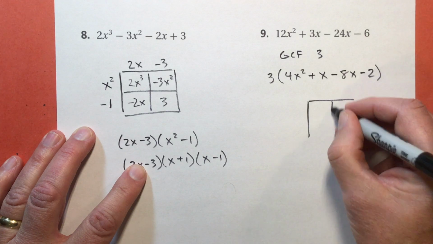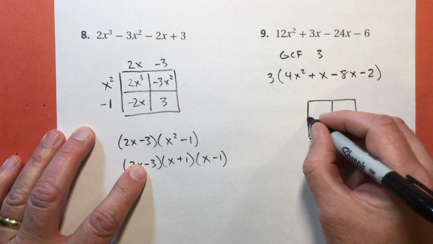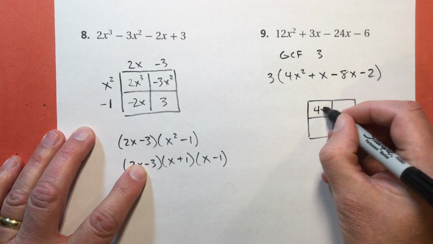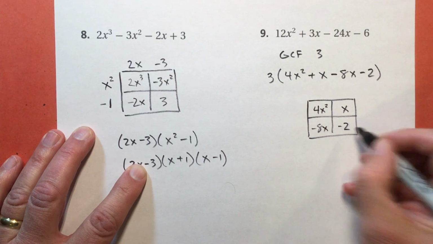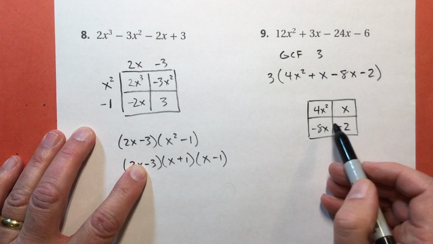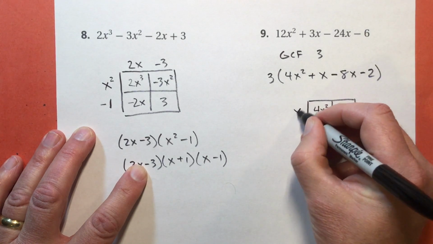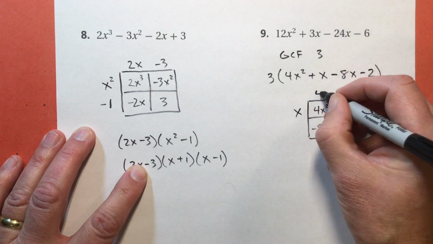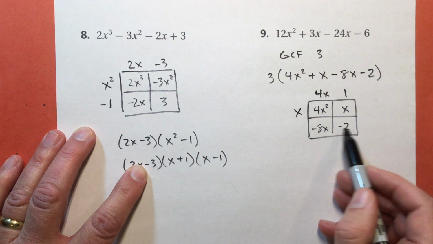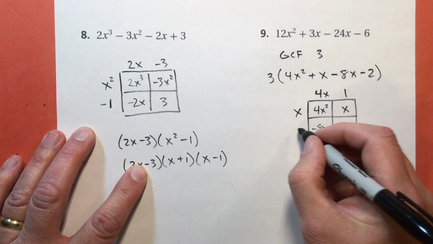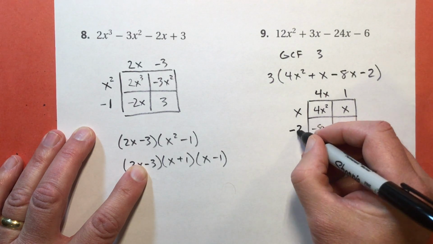Here's my multiplication chart. 4x squared, x, negative 8x, negative 2. Across the top, I have a common factor of x. That leaves 4 times the other x and 1. Across the bottom, I have a common factor of negative 2.